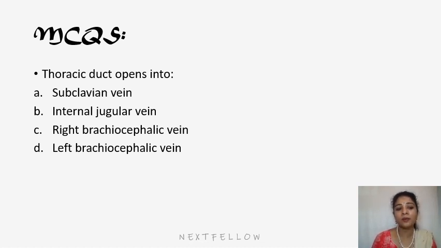That is the answer. Or else it is the formation of left brachiocephalic vein. So it opens into the left venous jugulo-subclavian angle at the beginning of left brachiocephalic vein. Here the side is not mentioned, so you have to go with this answer.